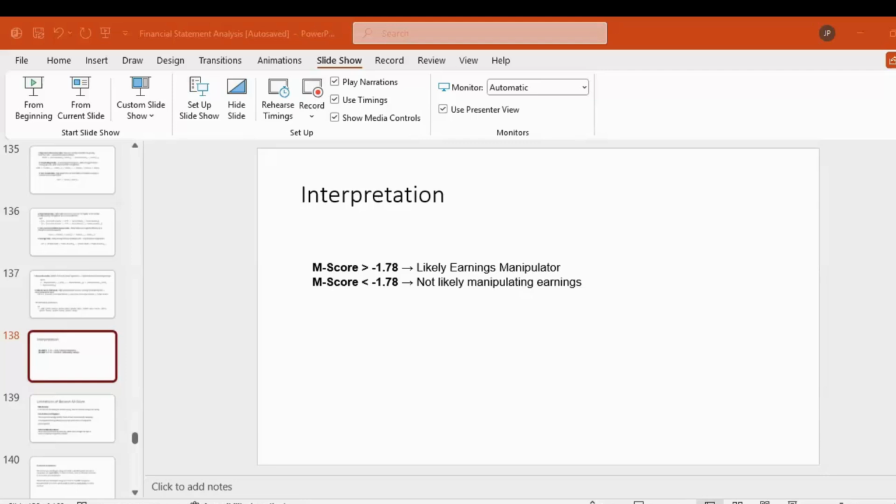So yes, that's the real application of this statistical model. But there are some limitations which I would like to let you know.